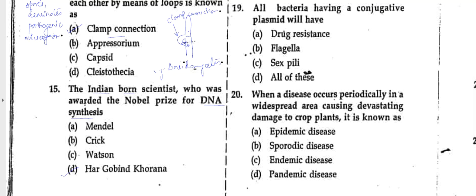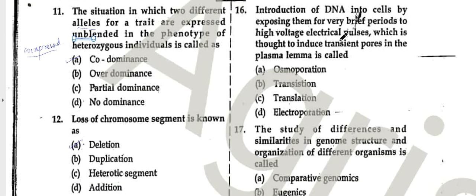Next is number 16. Introduction of DNA into cells by exposing them for a very brief period to high voltage electrical pulses, which is thought to induce transient pores in the plasma lemma, is called electroporation. Transient means temporary, for a short period of time. That means when we need to introduce any recombinant DNA into the cell, those cells have to be exposed to a brief period of high voltage electric pulses, which will make pores in the cell membrane so that the DNA can enter.